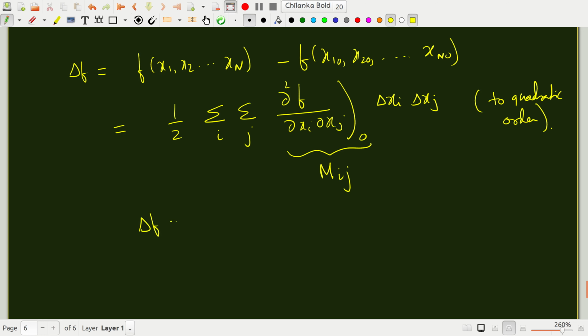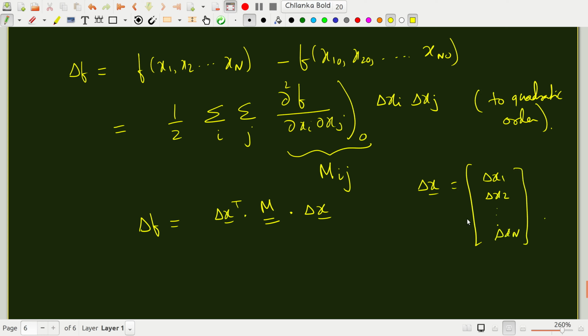But delta f can therefore be written as delta x transpose dot M dot delta x, where the delta x vector is nothing but the collection delta x1, delta x2, and so on up to delta xn. Now this is called a quadratic form.